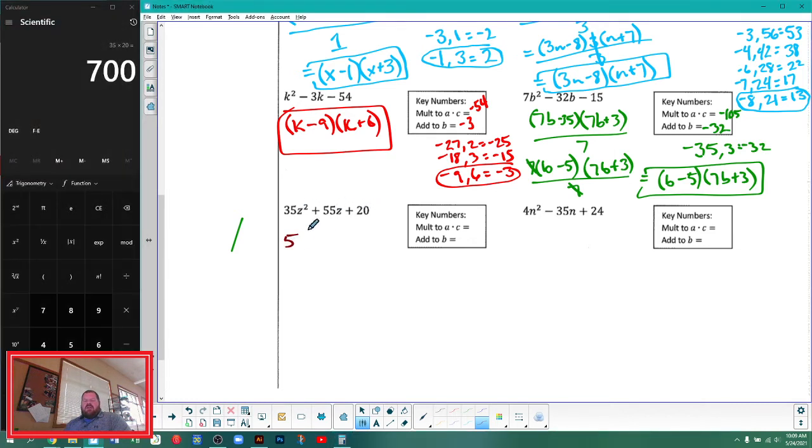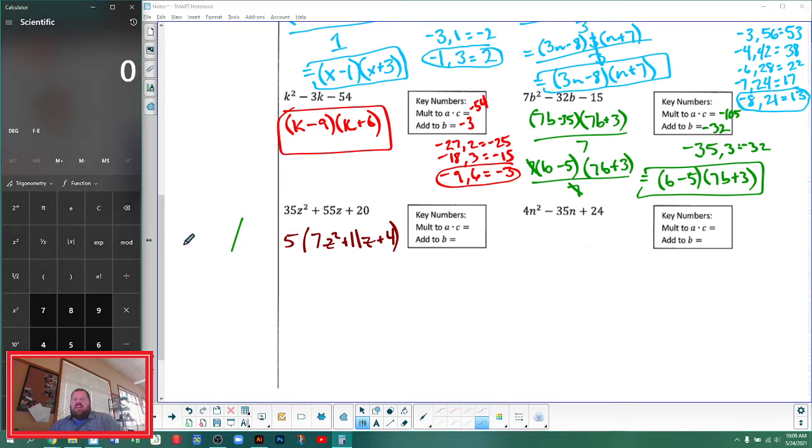So I'm going to factor out that common factor of 5 first. 7z squared plus 11z plus 4. I'm really going to love that I decided to do that, because that's going to make life a lot easier. And for the majority of this, I'm going to kind of forget about that 5. I'm just going to remember that it's there at the end.